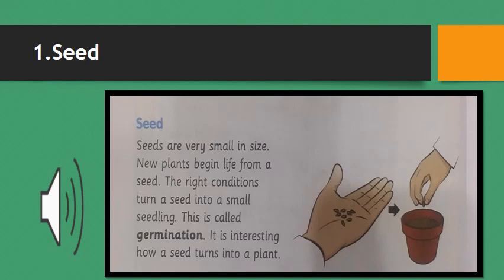The seed is a very important step and it turns into a seedling. What is a seedling? Seedling is the young plant. And the process in which a seed turns into a young plant is called germination.